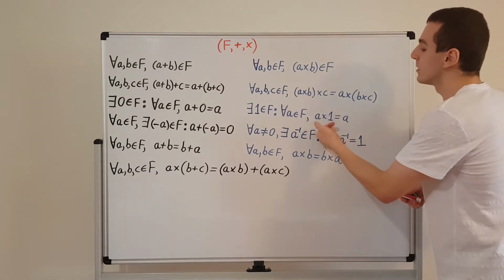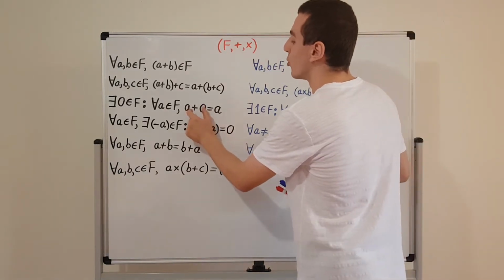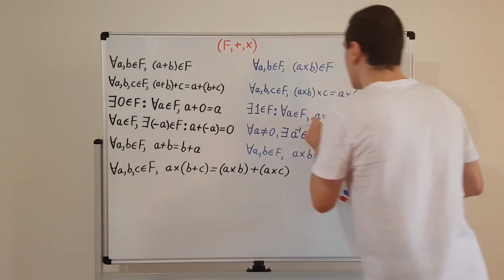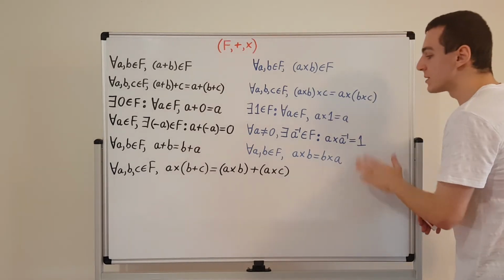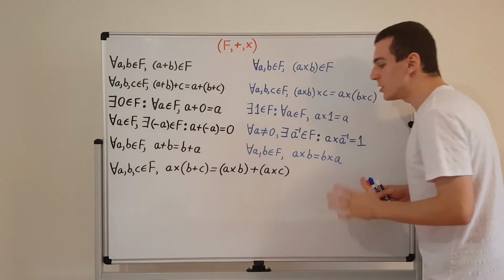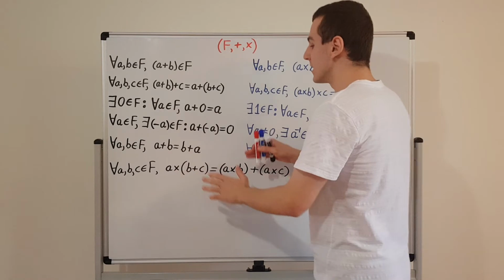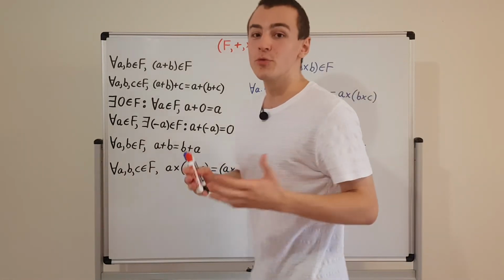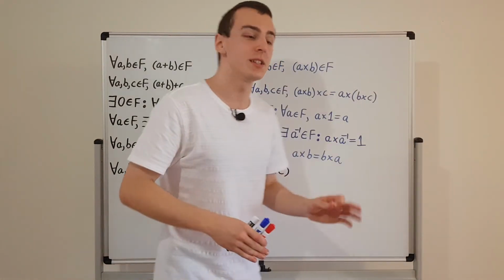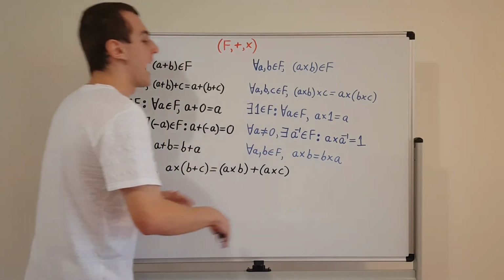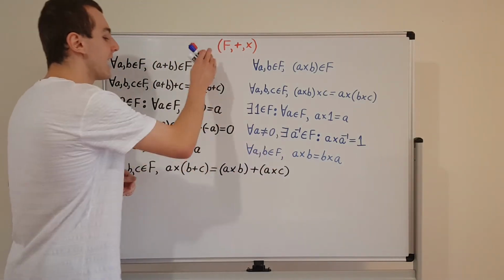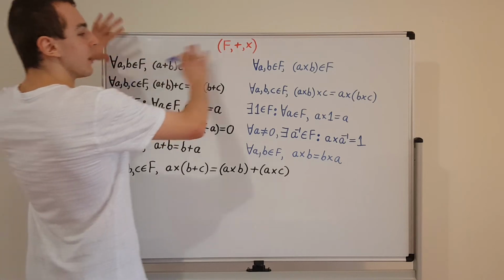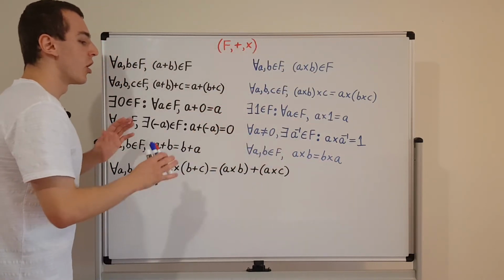So we have 1 times A. Or over here, we would have 0 plus A. You can swap these guys around, and that's actually the same. That is the property of commutativity. You can see how commutativity shows up implicitly all over the place, because it's a very useful property to have. And it's one of those axioms that we demand from both addition and multiplication when we're defining a field. So all of this here, these are the axioms of a field.